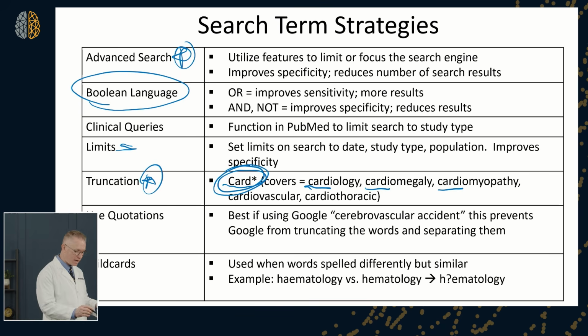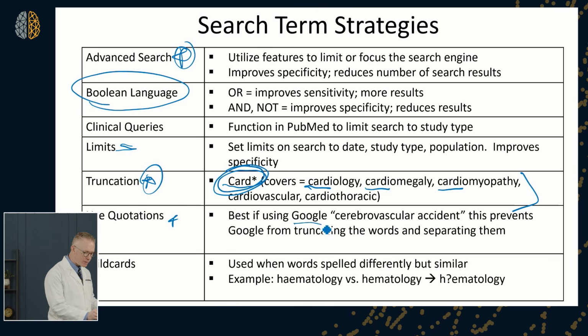Now obviously you're going to get all of these words. That's going to expand your search results. That may not be applicable. Right? That may be overwhelming. But if you're doing a systematic review and a meta-analysis on a thing, you need to find all the papers that are out there. You can also use quotations, okay?